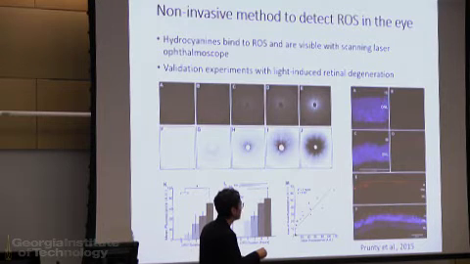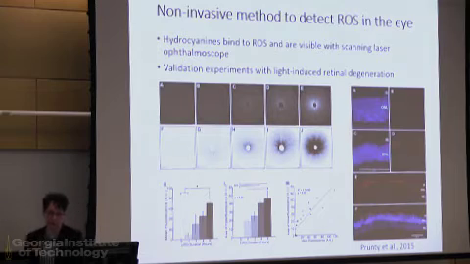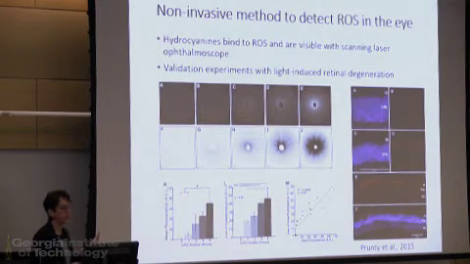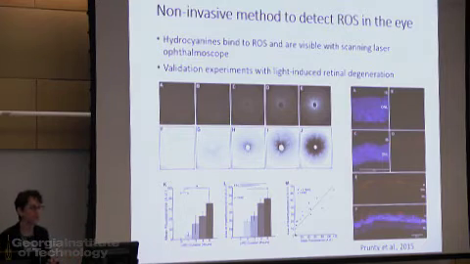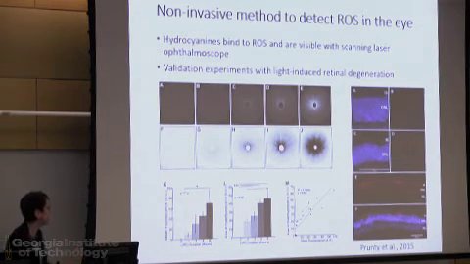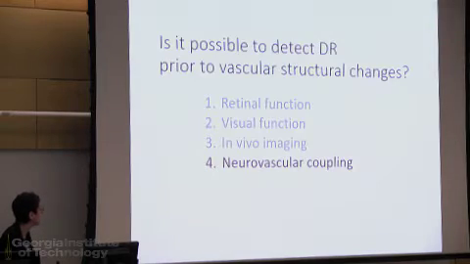So it appears that this is binding oxidative stress in the photoreceptors as we predict. And so now we're just getting ready to start experiments really looking at models like the diabetic retinopathy model and seeing if this is going to be useful for detecting early oxidative stress in that model.